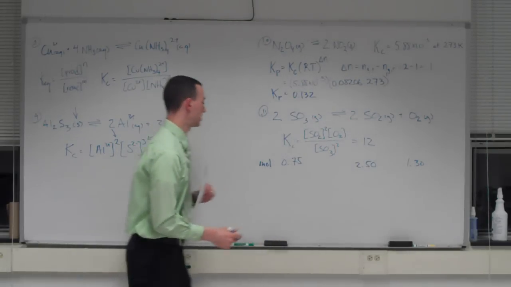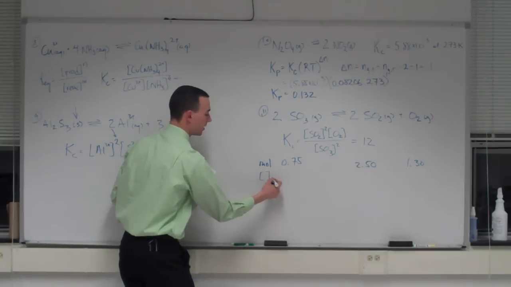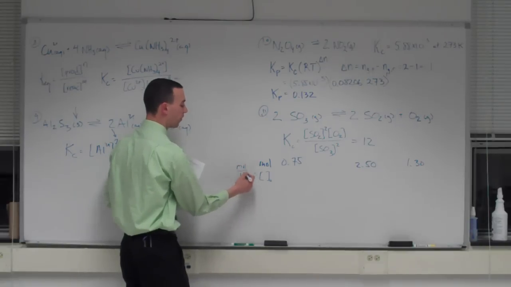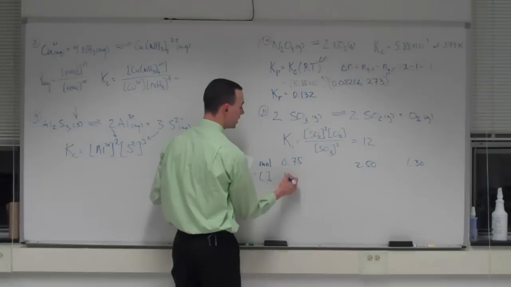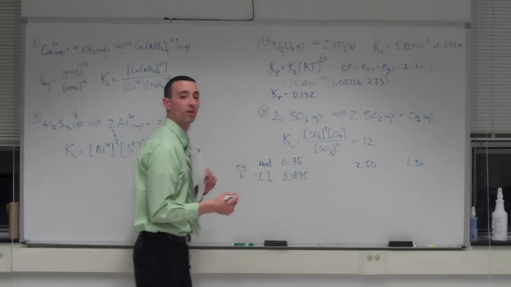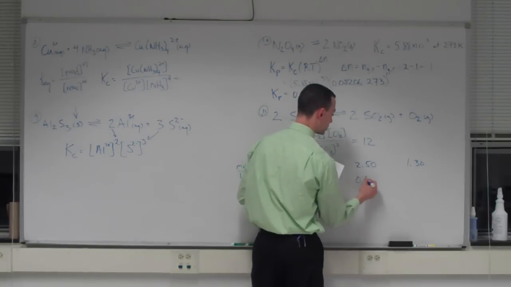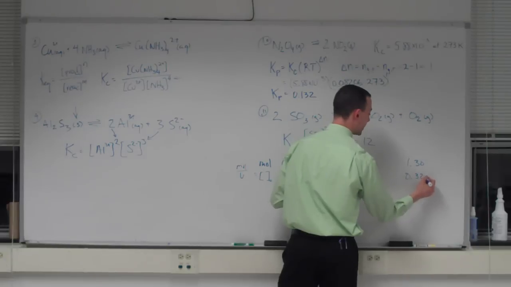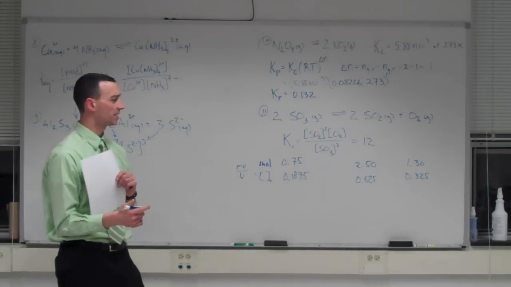So what we need to do is to take the moles of each of these chemicals and convert them to their initial concentrations by dividing by the volume, which is 4 liters in this case. So our initial molarity of sulfur trioxide is 0.1875, it's 0.625 for sulfur dioxide and 0.325 for the oxygen.